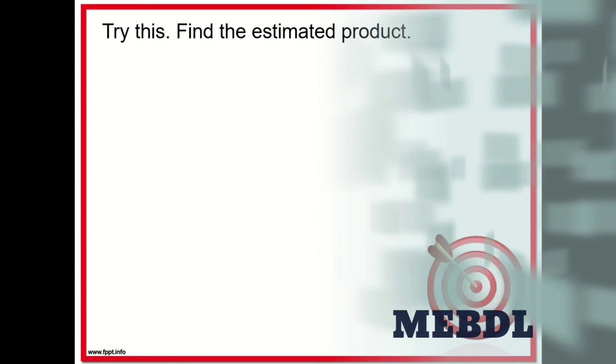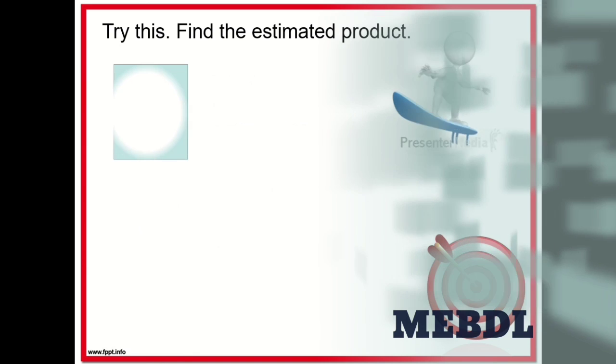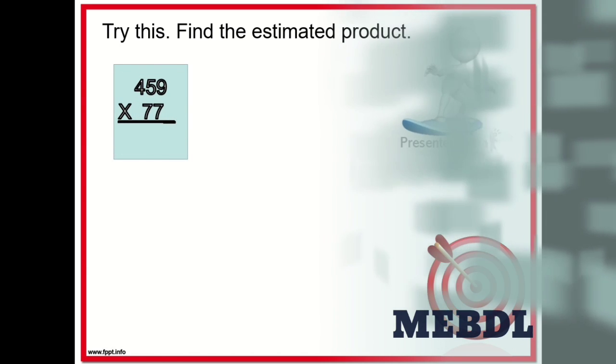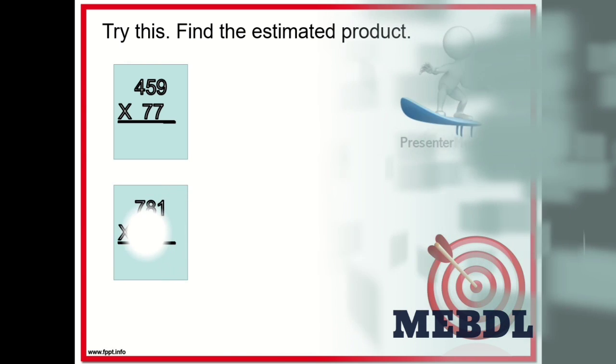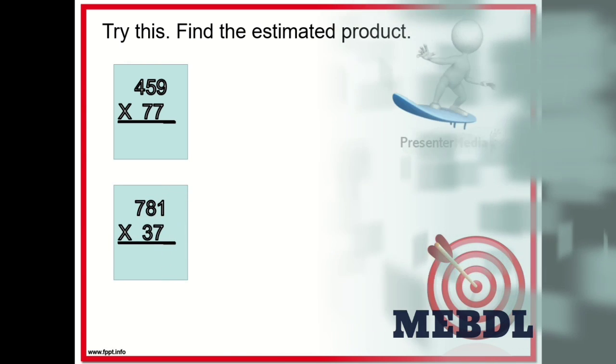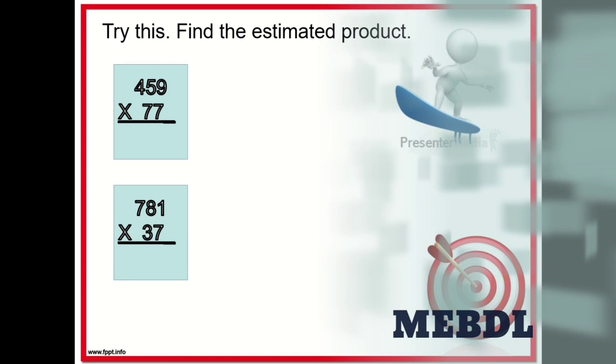Okay, let's have this math challenge. Number 1, we have 459 times 77. Next, 781 times 37.